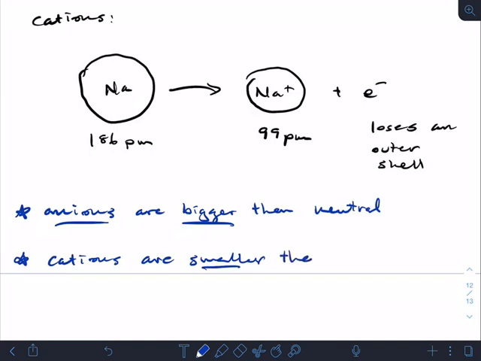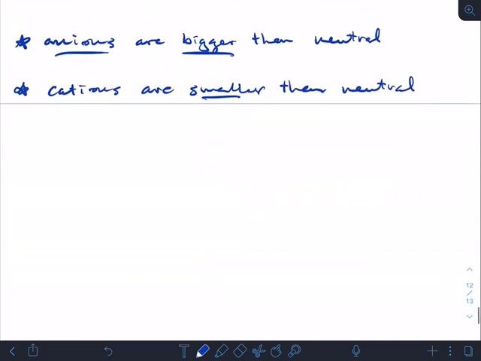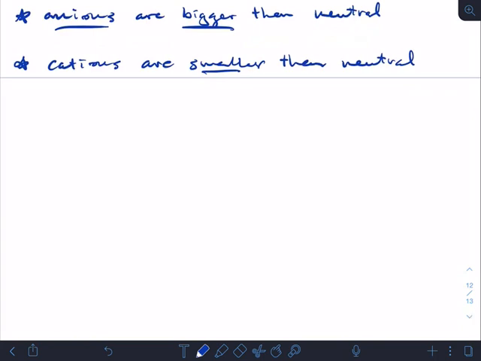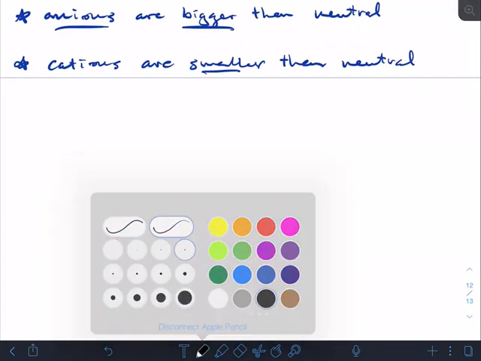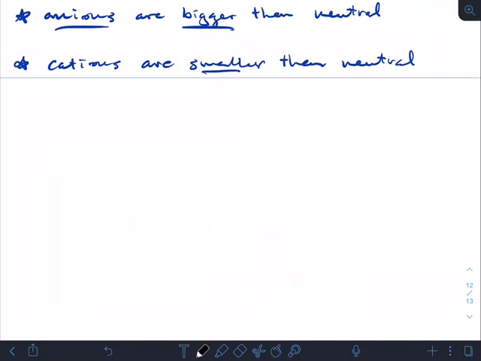Cations are smaller. So let's take a look at the electron configurations and see if we can figure out why this even happens in the first place.